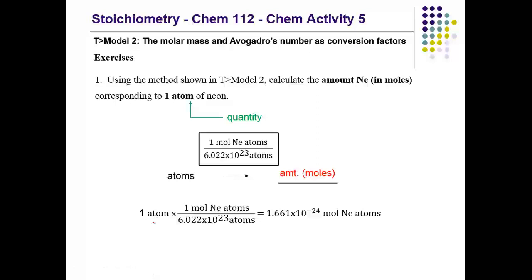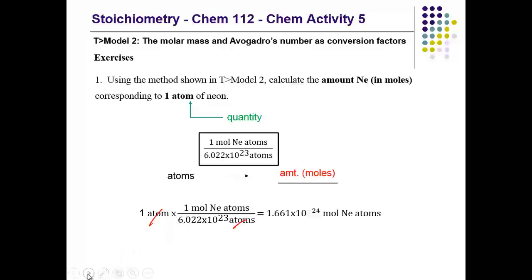Note that the number of atoms cancel, and we end up with the amount in moles. Be sure that you've done this calculation correctly, and that we should end up with a really tiny amount, 1.661 times 10 to the minus 24 mole of neon atoms. Very tiny amount, but of course we have a very small quantity of atoms. So almost exactly the same calculation that we saw just a few minutes ago.